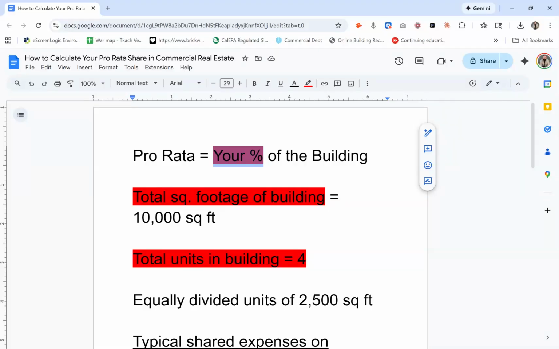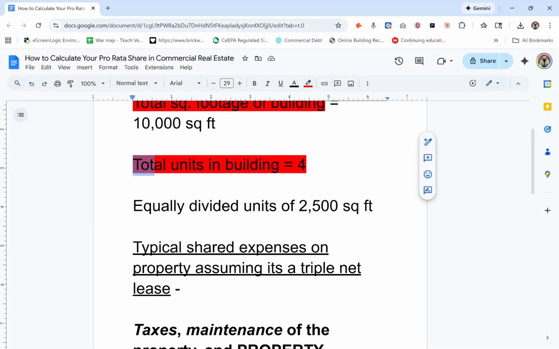Okay. Now, let's imagine a building has a total amount of 10,000 square feet. And then let's imagine that there are 4 units in that building that make up that 10,000 square feet. And then let's imagine that there are 2,500 square feet for each of those units.